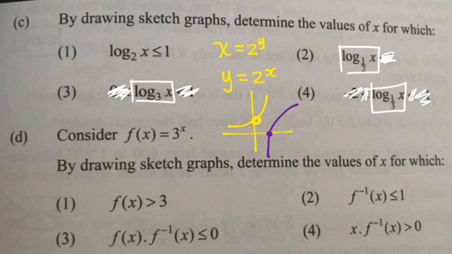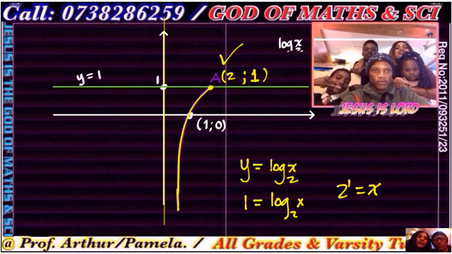So we need to give them the answer now. Where is the yellow graph under the green? Starting here, x is 2. Can you see it's 2 here? When you follow the yellow, you are going to 1. X is 1 here. In other words, you are shifting to the left. In other words, it's going to be at 2 and less than 2, but you'll never touch the origin. It's between 0 and 2.